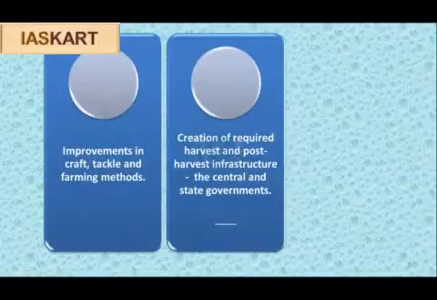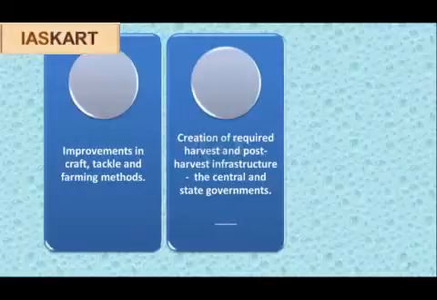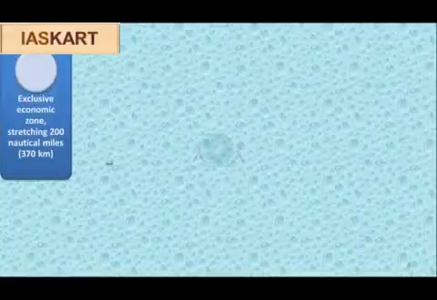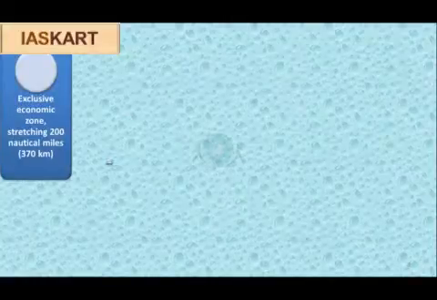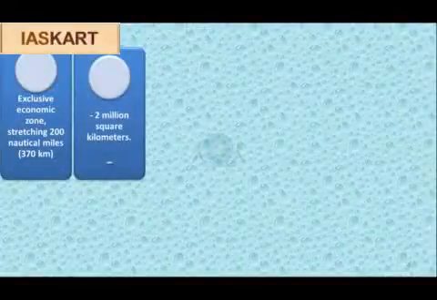To harvest the economic benefits from fishing, India is adopting the exclusive economic zone, which stretches 200 nautical miles, that is 370 kilometers, into the Indian Ocean, and it encompasses more than 2 million square kilometers. The potential annual catch from the area has been estimated at around 4.5 million tons.